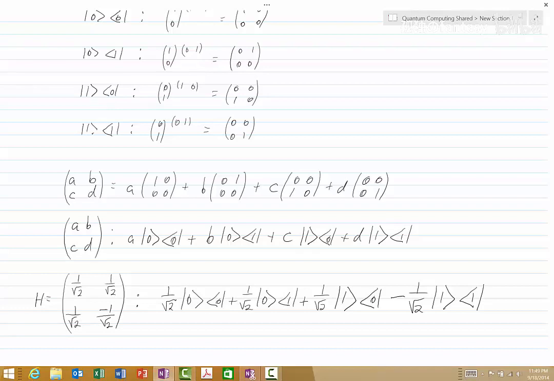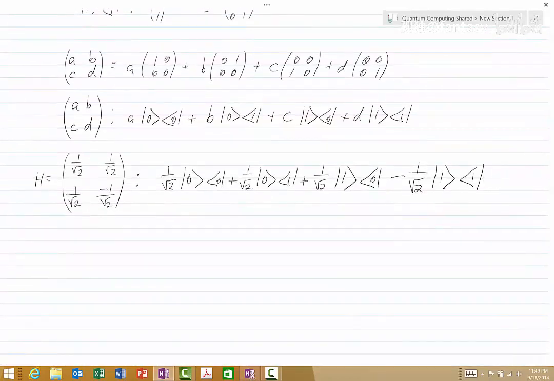So now let's think about perhaps part E. I don't want to work out part E in detail. I just want to comment that here we have a 4 by 4 matrix which corresponds to operators on a 2-qubit system.